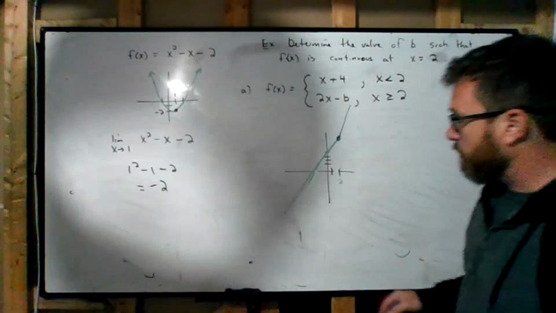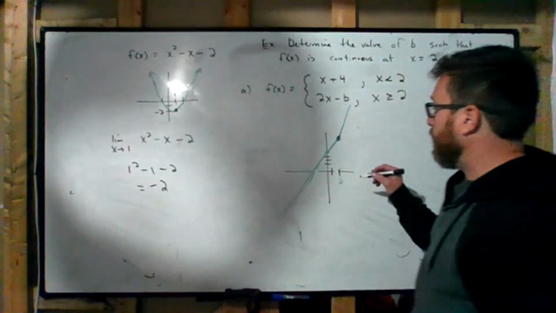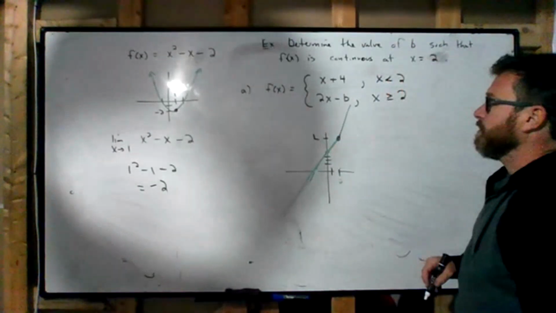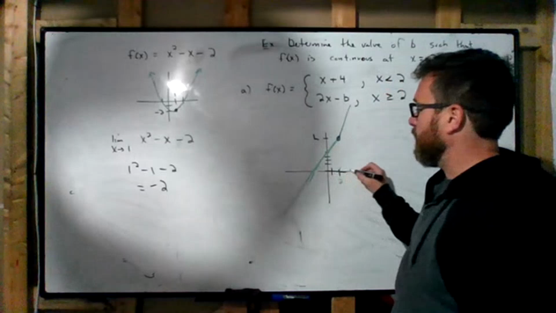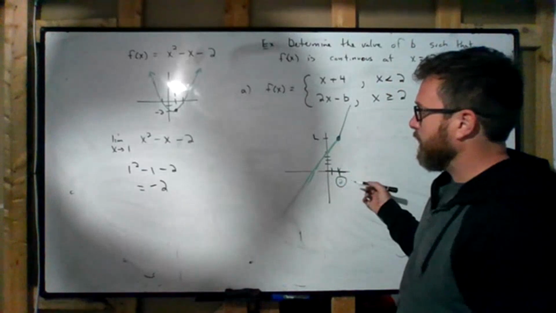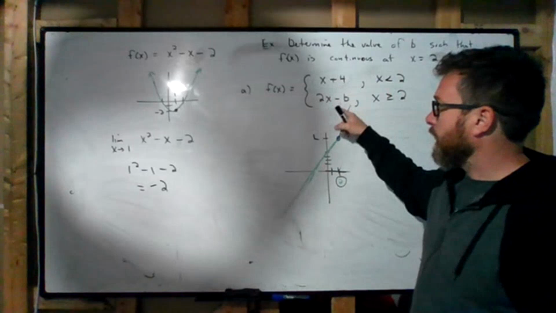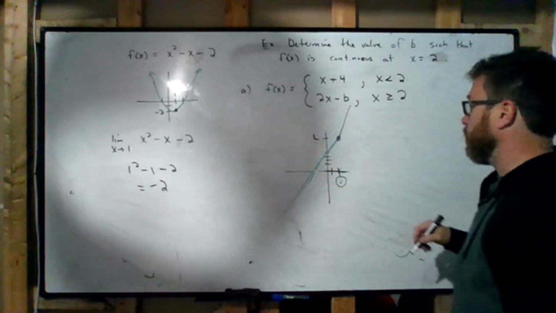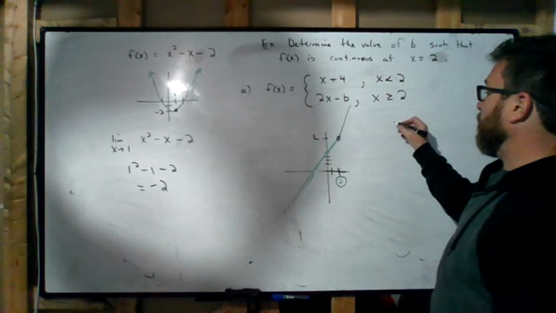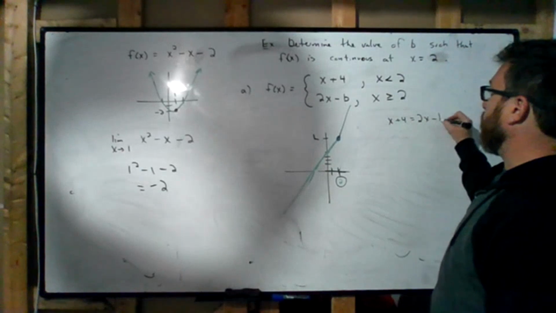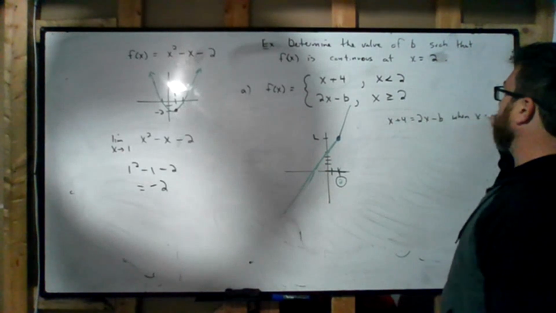So how do I do that? Well, I need to find this limit, right? Here's the easiest thing to do: they have to be the same y value when x is equal to 2. These have to be the exact same y value when x is equal to 2. So that means x plus 4 has to be equal to 2x minus b when x is equal to 2.